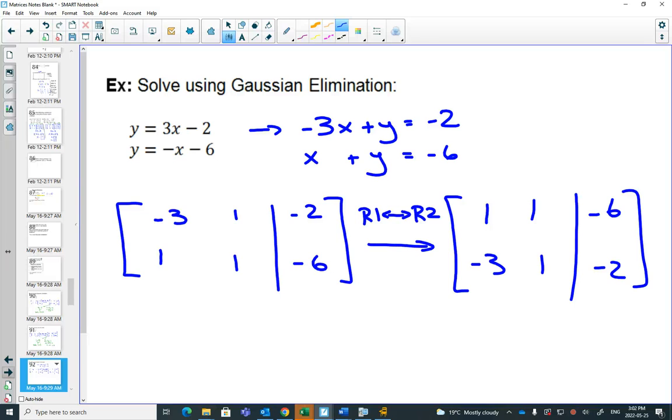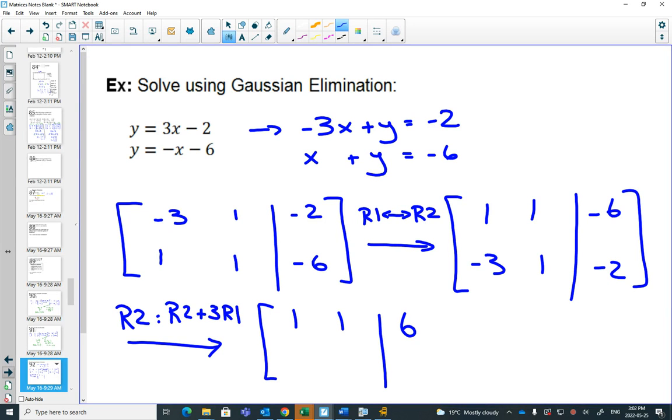You could have done something to make it work. Right now, I'm going to change my row 2 to be row 2 plus 3 row 1s. Yeah, there's many different options. Again, the goal is to get a 0 here, bottom left-hand corner.